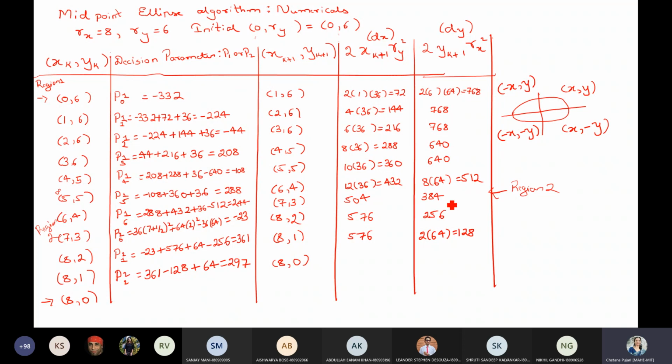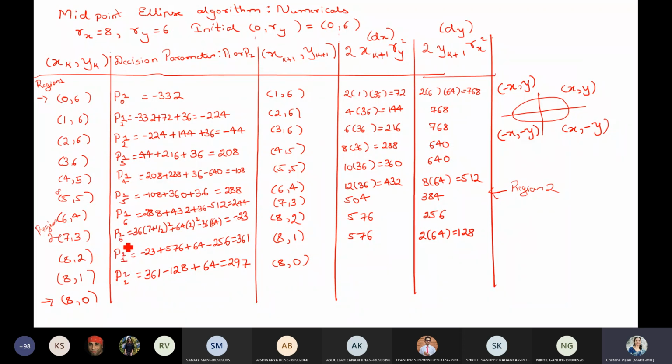So once this is done, now the region 2 rule will apply. This is at region 2, so you have to make use of the region 2 rule. Here you can see it is P2 of 0. We have changed it to P2. Till here we have used P1, P1, P1 because it's in region 1, and this is P2, P2 because you are taking into consideration that it is in region 2.